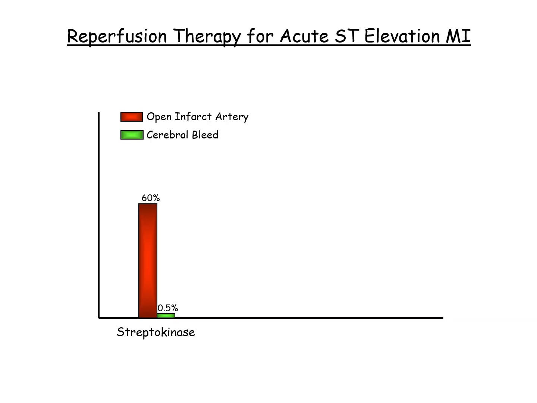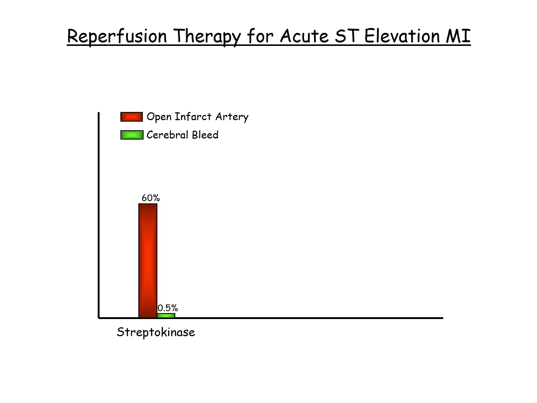So streptokinase was the first reperfusion therapy to be shown effective in patients with acute ST elevation myocardial infarction. It reduced the mortality in these patients, and it was shown to open up the occluded artery in 60% of the patients. But it had a 0.5% risk of cerebral bleeds.